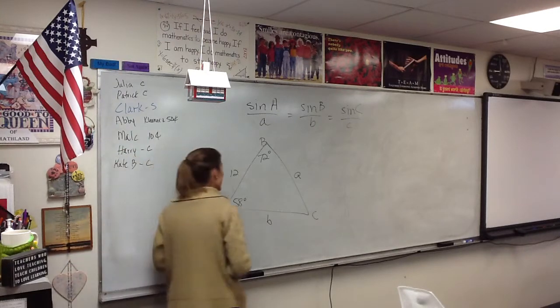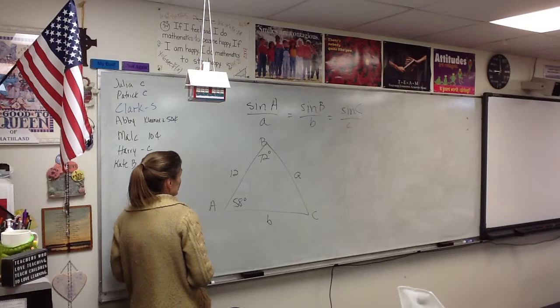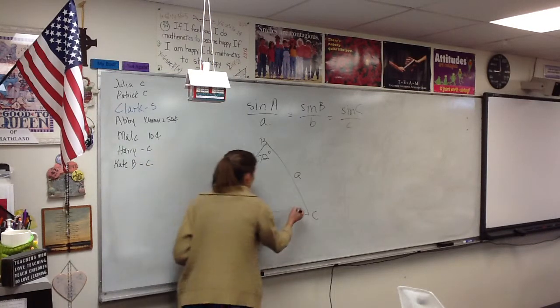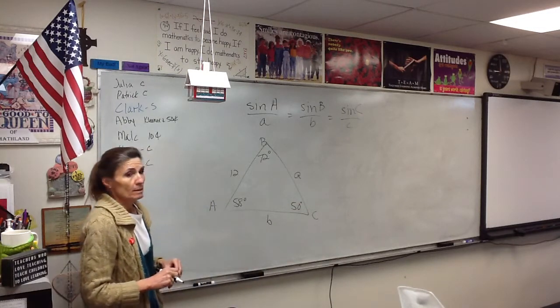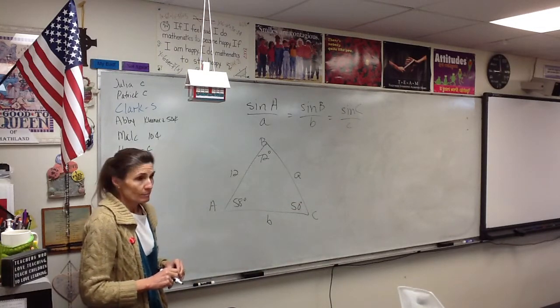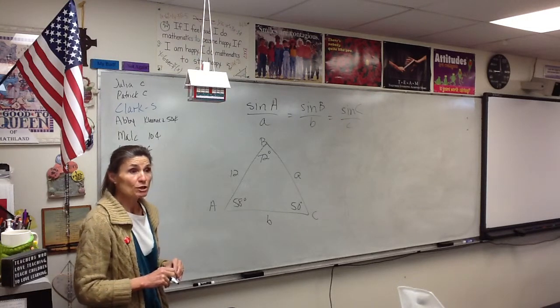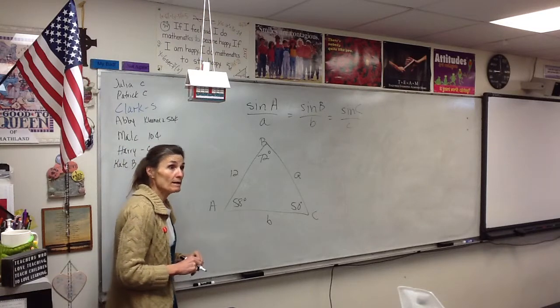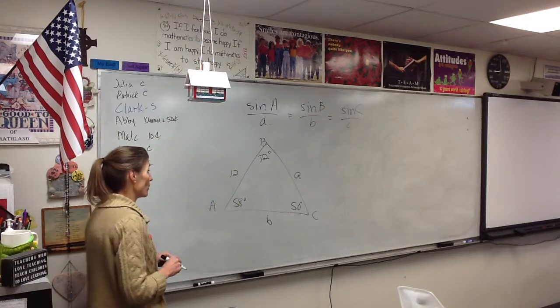Angle C. We know angle C is going to be how big? 50 degrees. And we know it's 50 degrees because why? 72 plus 58 is 130, and 180 minus 130 is 50. The angles of a triangle have to add up to 180, right? So if we know two of them, we can automatically find the third one.